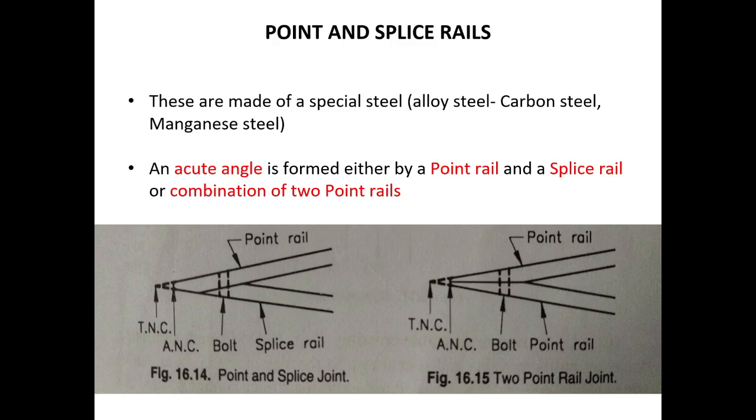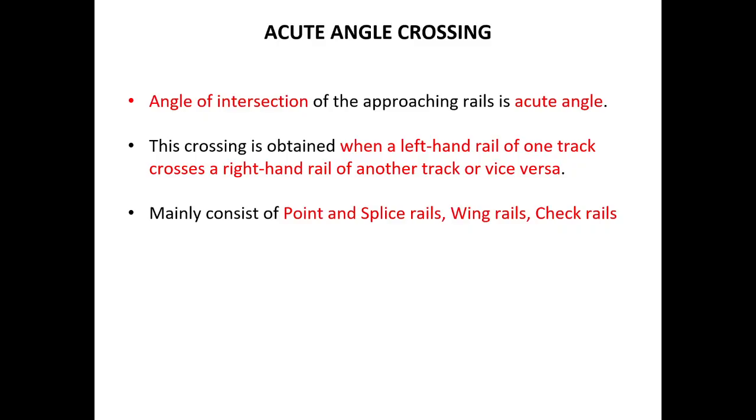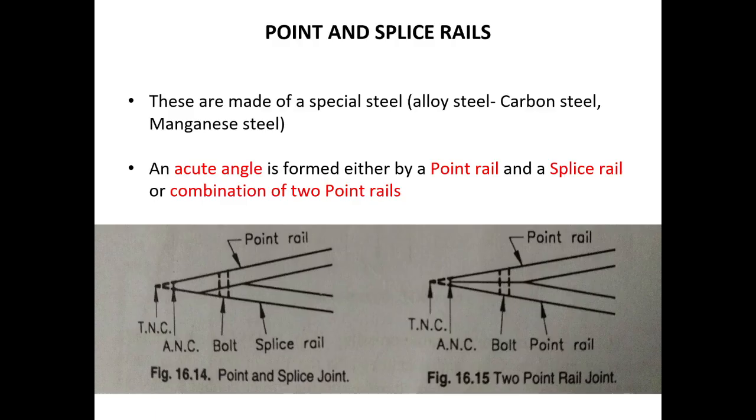So the next point is, we have seen acute angle crossing mainly consists of point and splice rails, wing rails and check rails. We know about the wing rails and check rails. So what are point and splice rails? These are a special type of rails which are made of special steel. That is, alloy steel is used. It may be carbon steel or it may be manganese steel. An acute angle is formed either by a point rail and a splice rail.